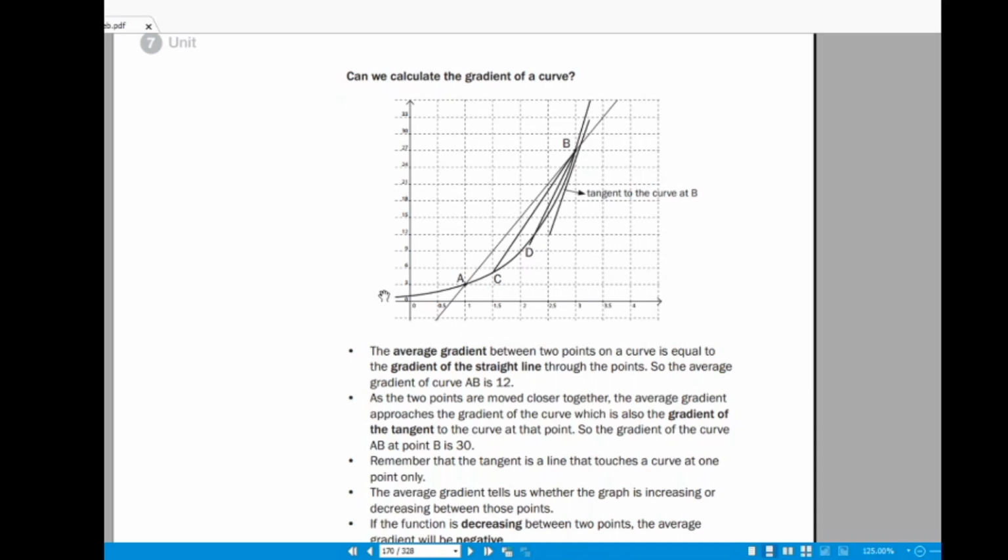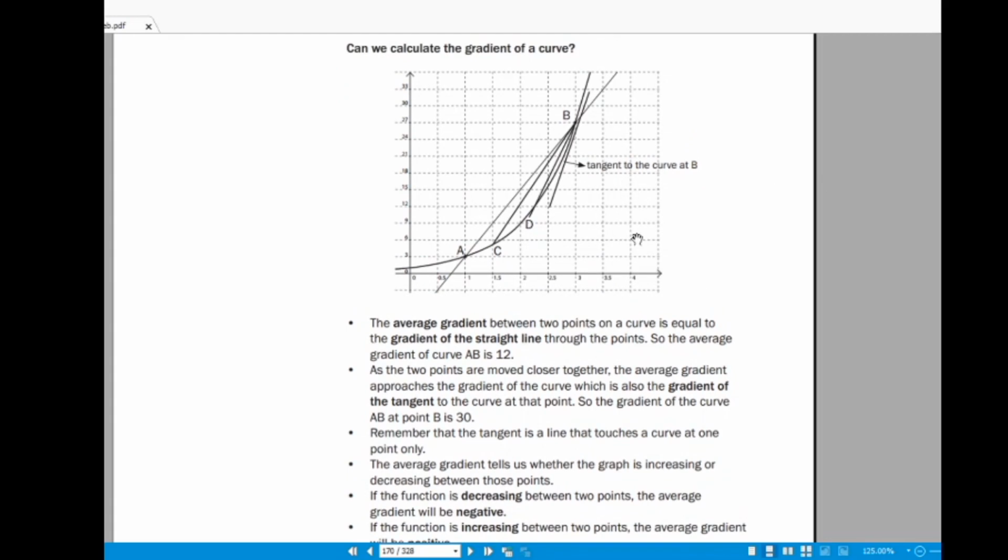But how will you calculate the gradient of a curve, like the exponential graph they have here? That is the whole aim of calculus: we are trying to calculate the gradient of a curve.